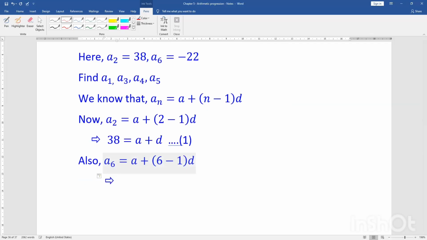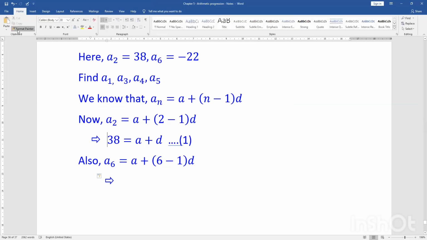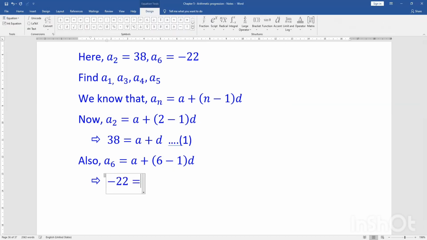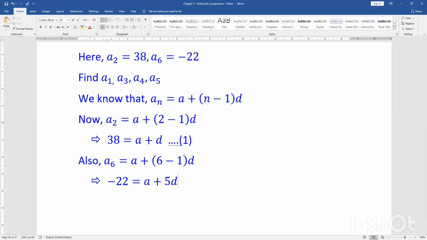So let us write that. So minus 22 equals A plus 5D. So we are going to call it equation 2. Okay. And then the next part.